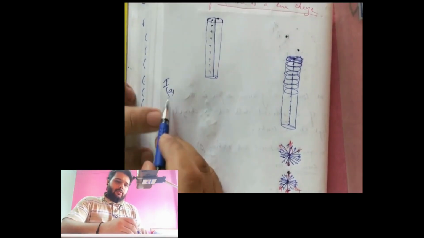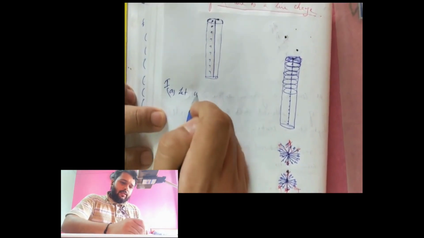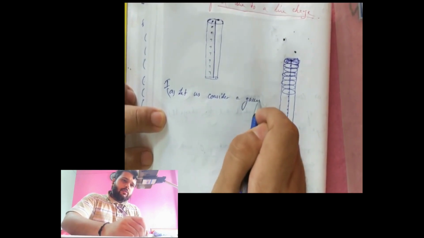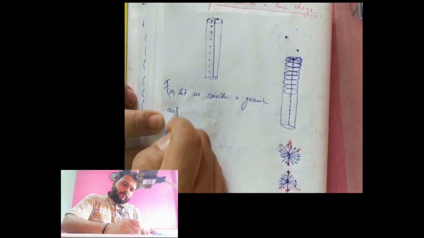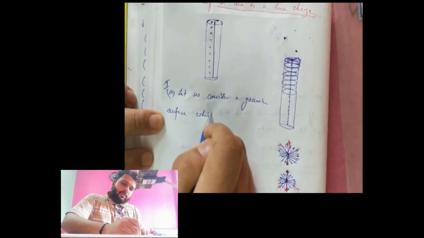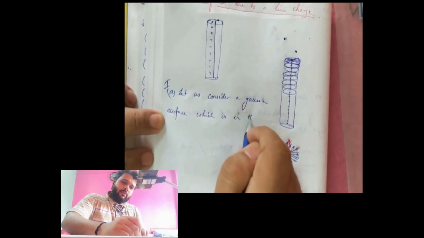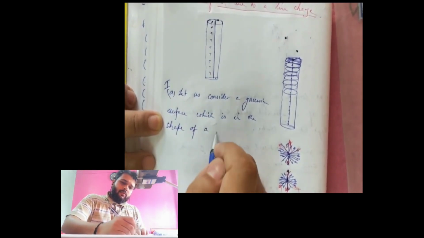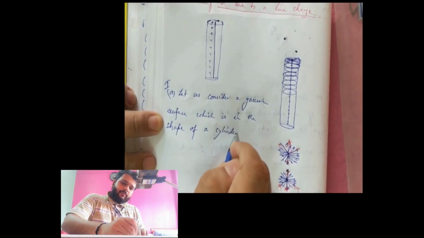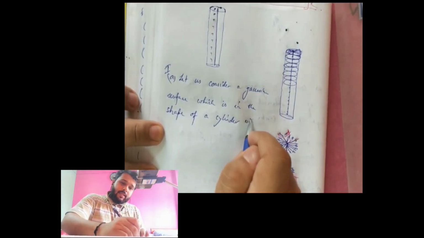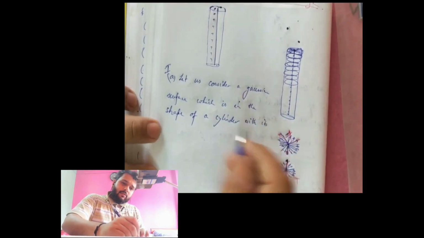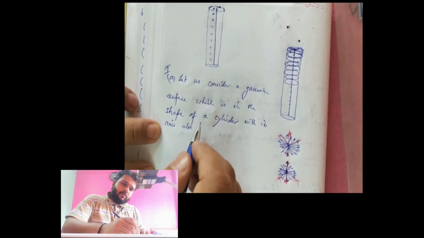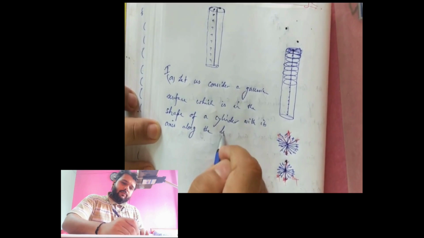Okay, so Gaussian surface in this case is, so we'll write, let us consider a Gaussian surface which is in the shape of a cylinder, okay, but with its axis along the line charge.